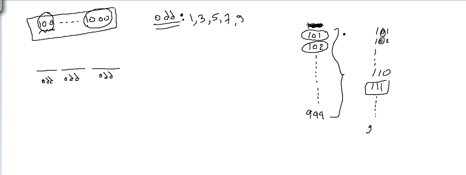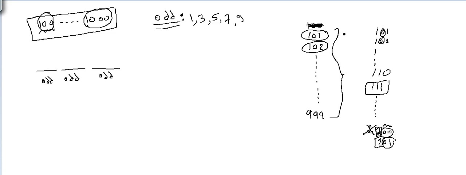Then we start in the 200s. The 200s we can directly skip, because all of the integers starting with 2 will not work. I don't know about the units digit and the tens digit, they might be odd, but the hundreds digit is even, so it will not work.